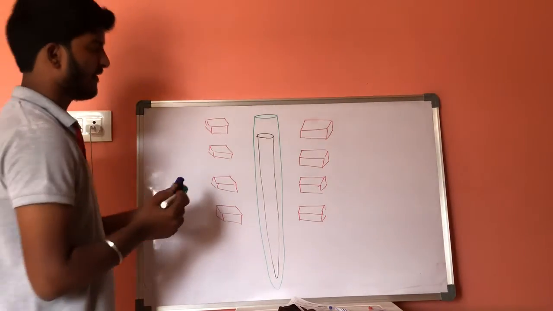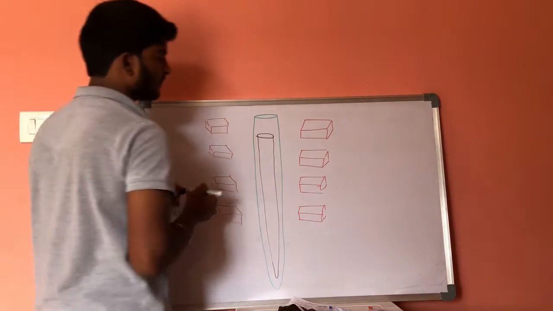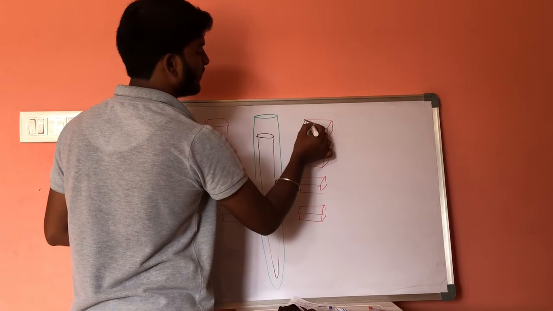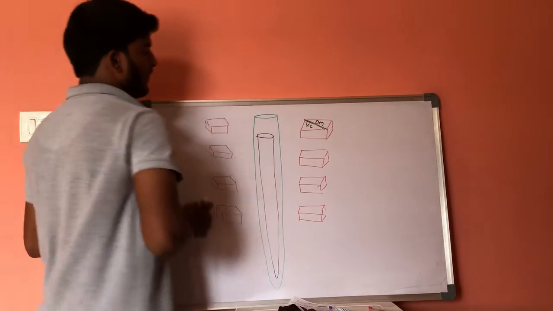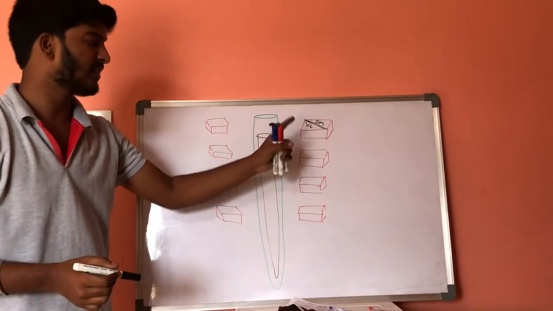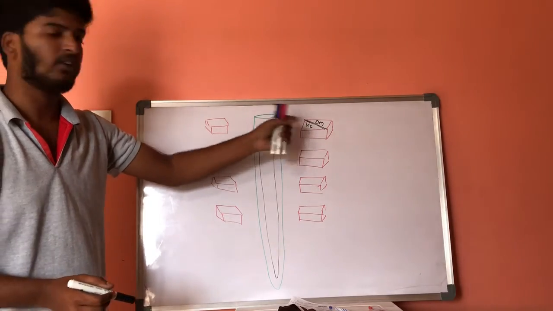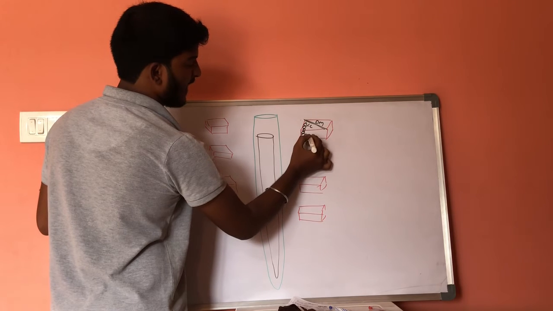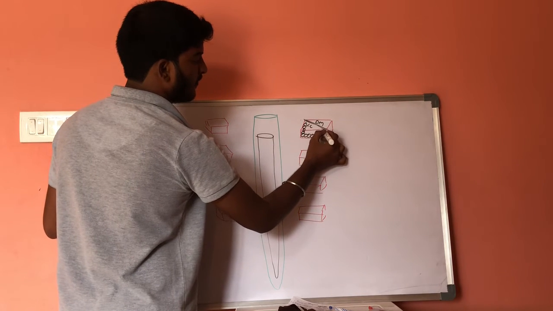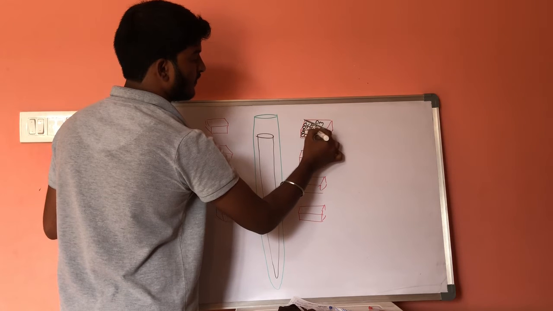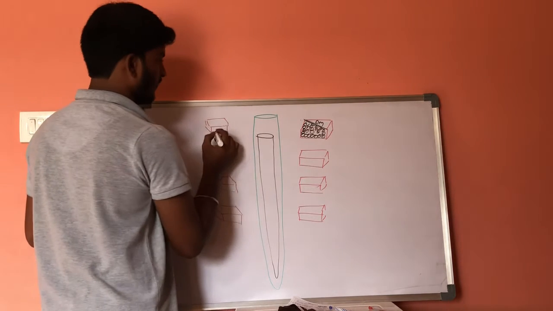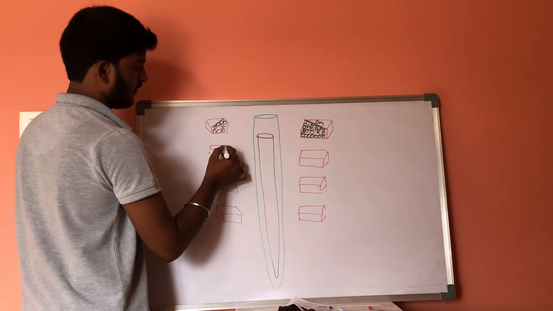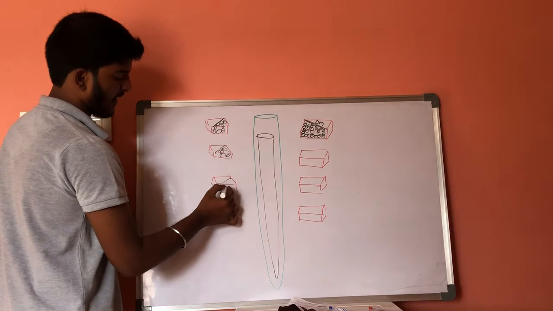Now, as we discussed, this is ventrolateral and dorsolateral. Now, the cells which are present on the ventrolateral sides consist of epithelial cells which are tightly packed.